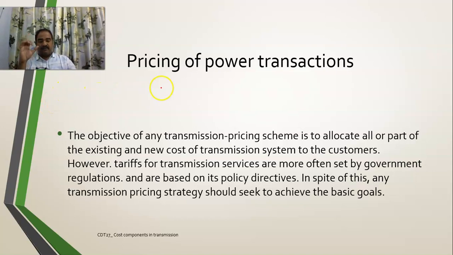So the objective of any transmission pricing scheme is to allocate all or part of the existing and new cost of the transmission system. So whatever the cost which you have decided, whether it is opportunity cost or operating cost or reinforcement cost or existing cost, all of these, or part of these, should be transferred to the users.